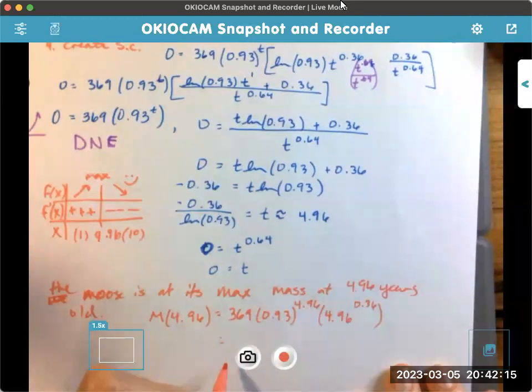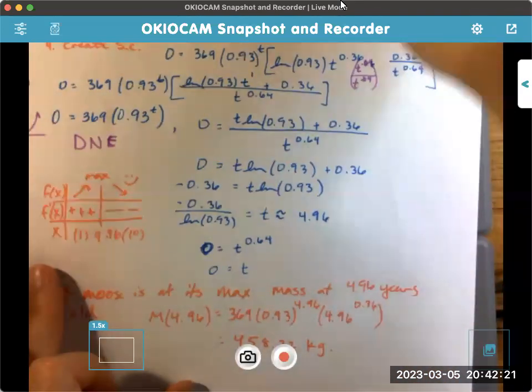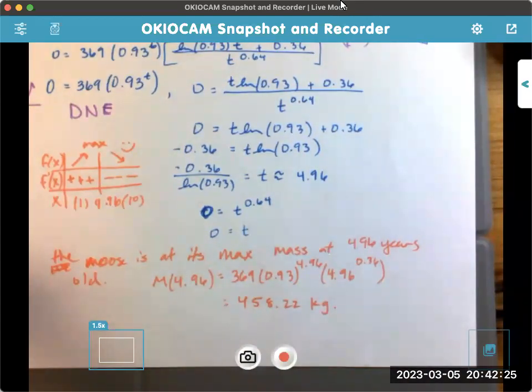Lucky for you, I've already done that. That is 458.22 kilograms. Okay, so pretty heavy moose. Because what? A kilogram weighs more than a pound, right? Is it 2.2? 2.2 pounds is 1 kilogram?